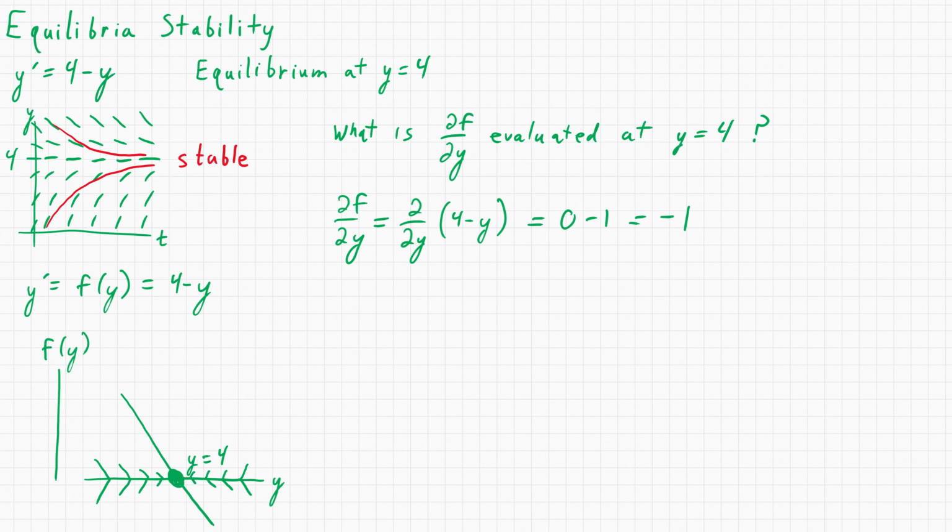The slope is negative. And the rule is that if partial f partial y is greater than 0 at the equilibrium point, I'll just say at y equals 4, then that means that it is unstable.